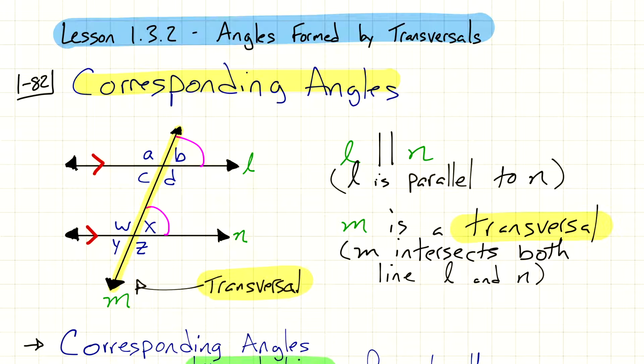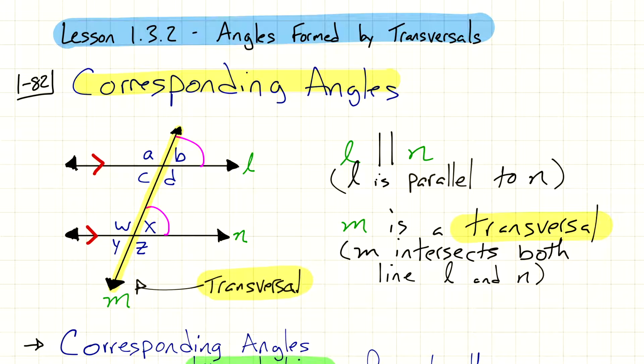In that case, the street would be our transversal, and the train tracks would be our parallel lines. So M is a transversal. This is a vocab word you need to know. And again, M intersects both lines, not just one of them.